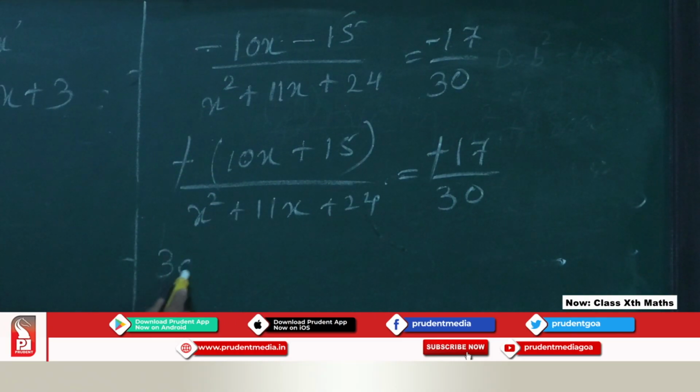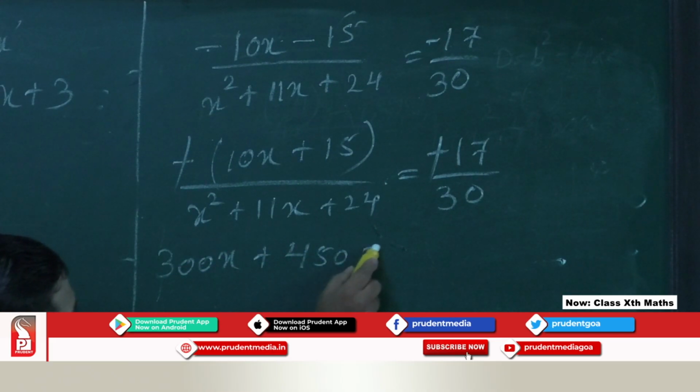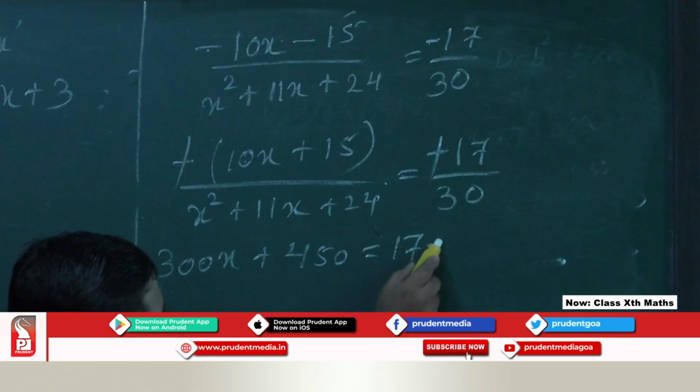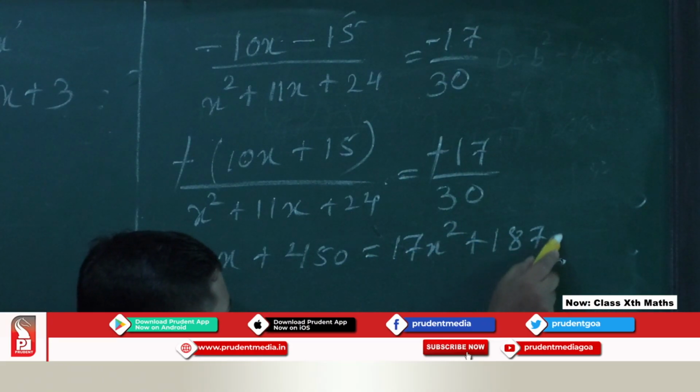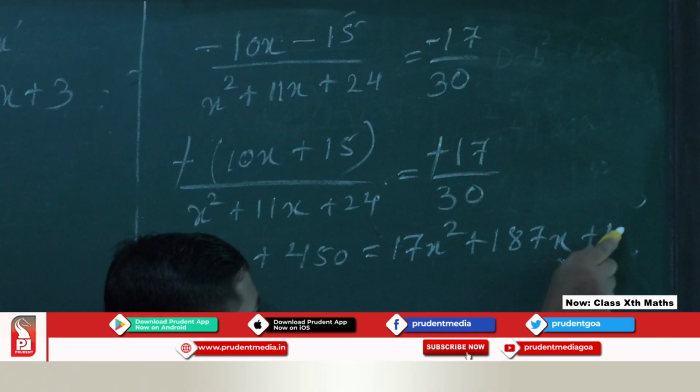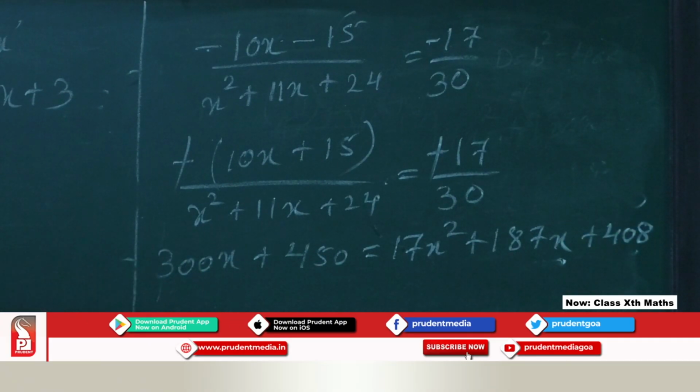So it gives you 300x, 450, 17x square plus 187x plus 408. Okay, so 17x square plus 187x plus 408. Take now 300x on the other side.